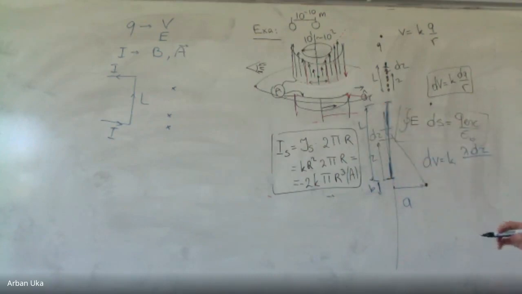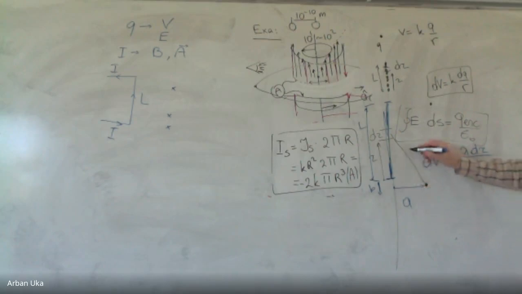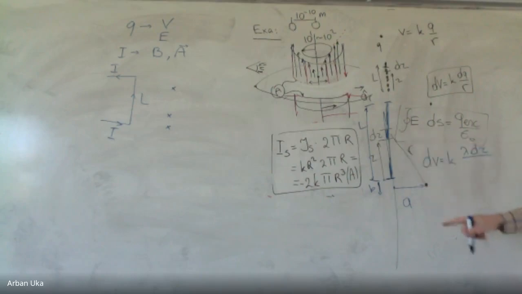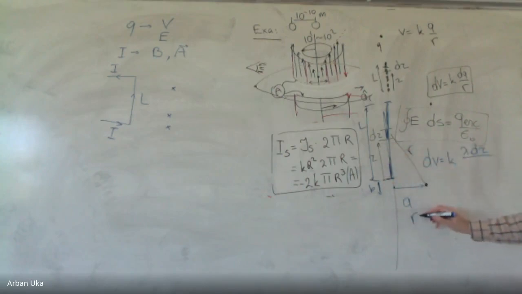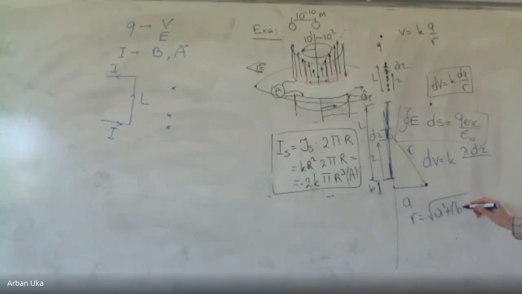So we're not doing something very tricky so far. We just need to write the distance R from this reference element to here. So what is the distance? Let's see. This is A from here, and this is a constant B plus Z. So R is equal to the square root of A squared, using the Pythagorean theorem, plus B plus Z all squared.